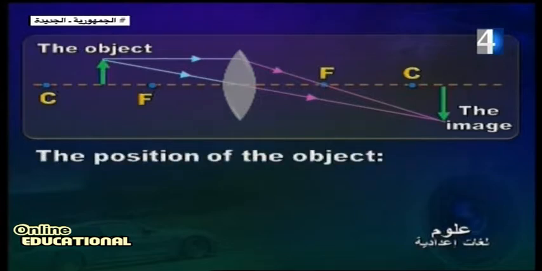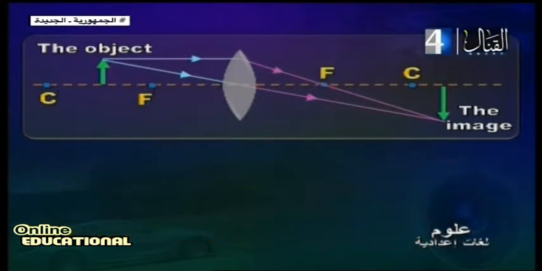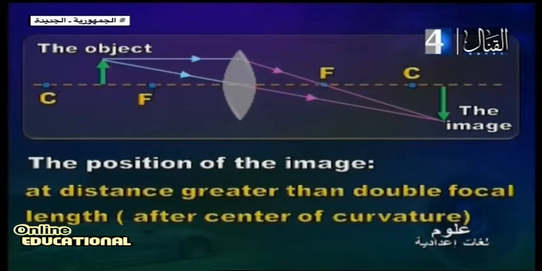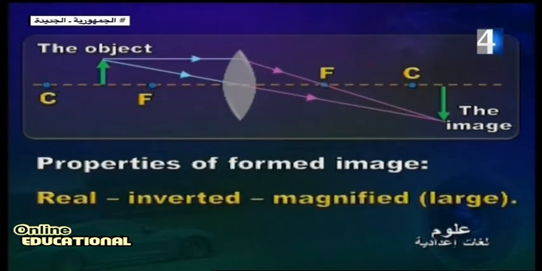So, position of the object between the center and the focus. What about the position of the image? Yes, of course, at a distance more than the radius of curvature or more than double the focal length. The properties of the image: it will be real, inverted, and larger in size.